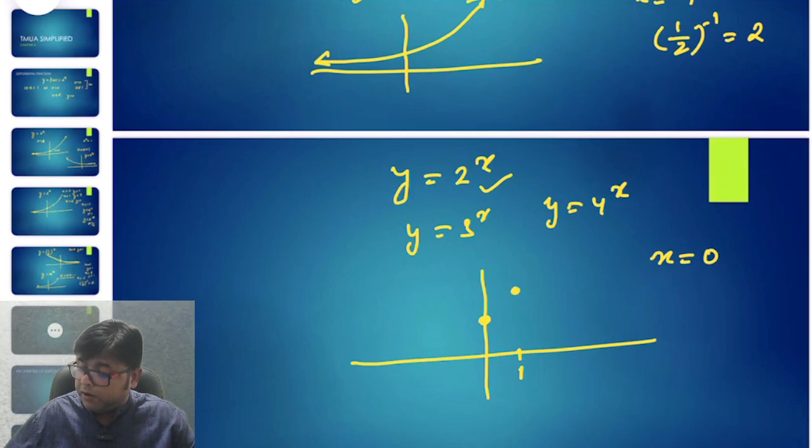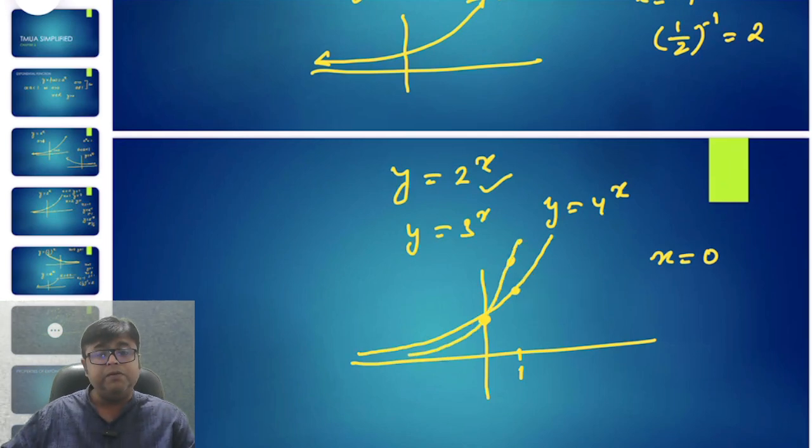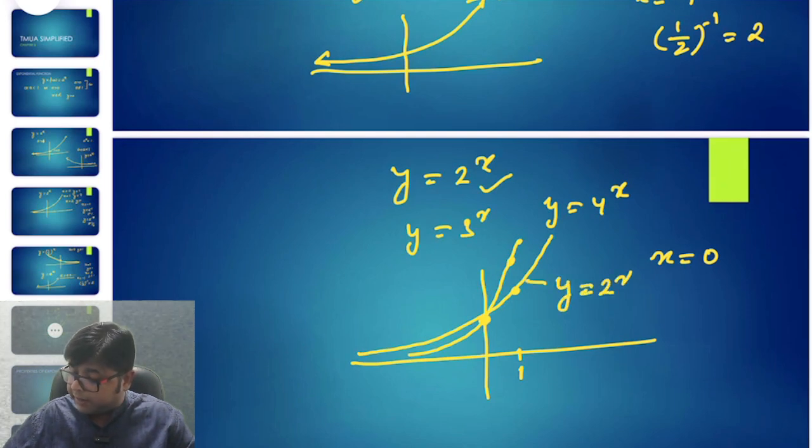But for the other graph, it will be 3. Right? So if the graph looks like this for 2 to the power x, it will look like this for 3 to the power x, slightly below. So this is the graph of y equal to 2 to the power x. So this is the graph of y equal to 3 to the power x.